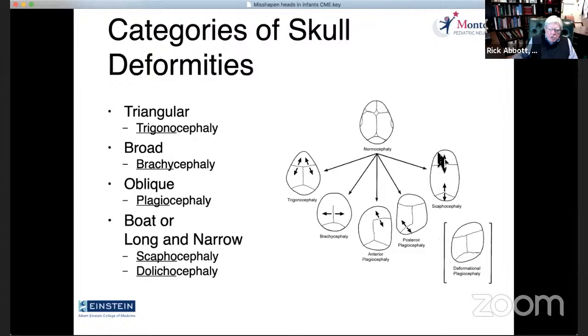And then the boat-shaped head, or scaphocephaly, is due to fusion of the sagittal suture, which causes this typical deformity. These are all in contradistinction to the deformational plagiocephaly. So it's quite easy to differentiate the craniosynostosis from the deformational plagiocephaly.